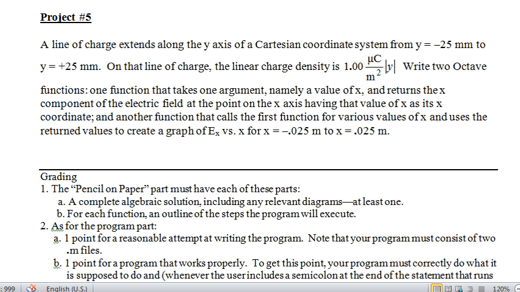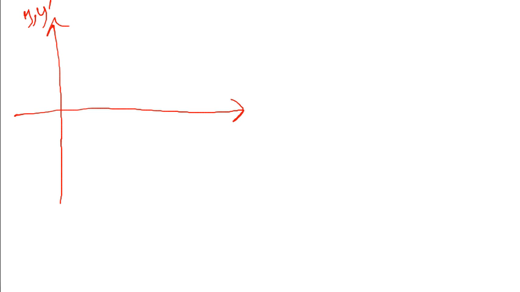Alright, so I can draw the picture here. I'll get a coordinate system. Y comma y prime, x comma x prime.